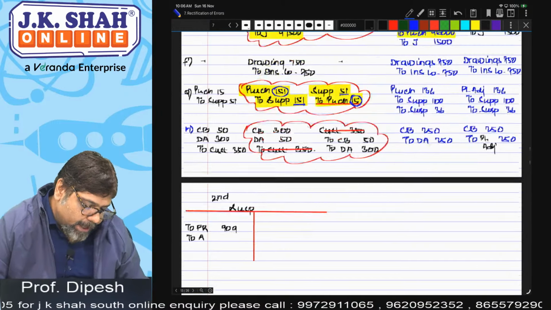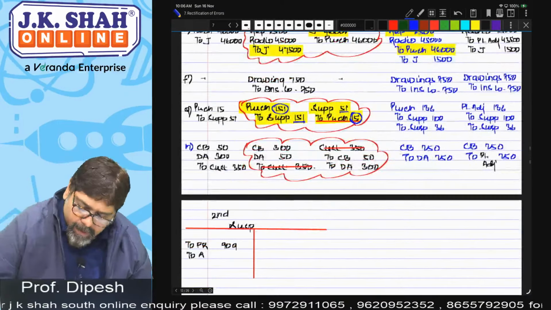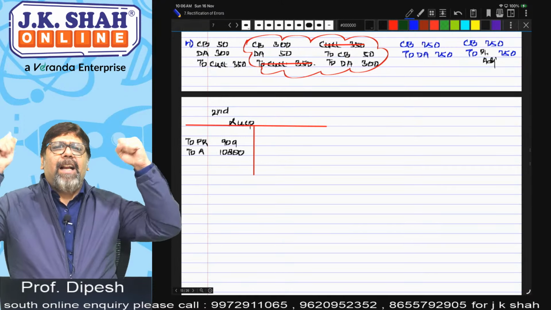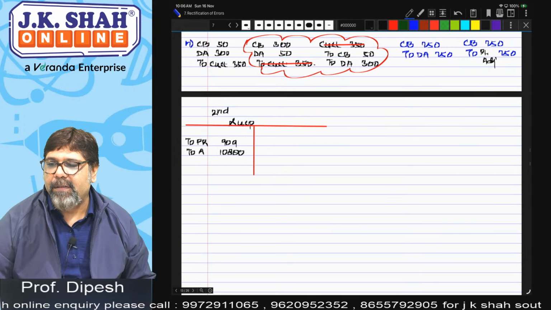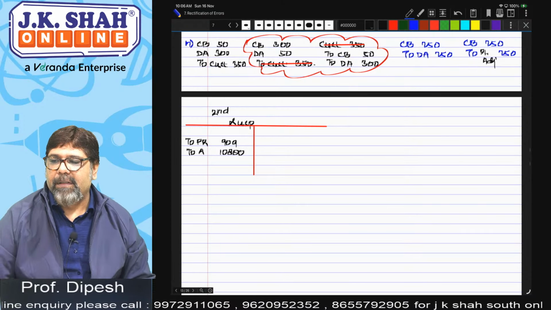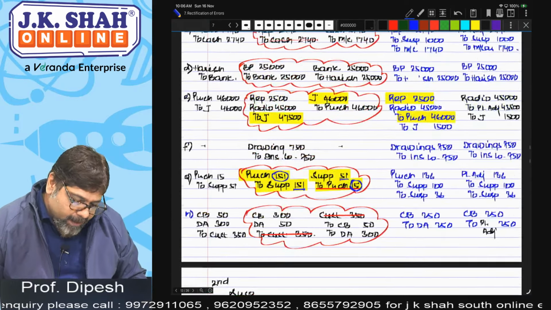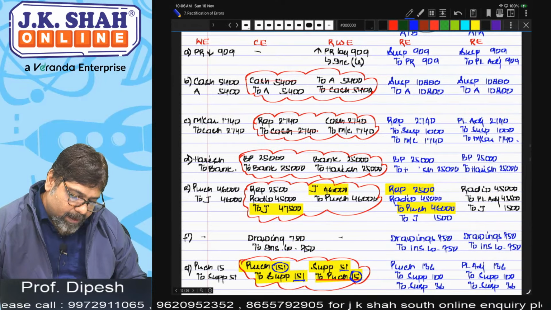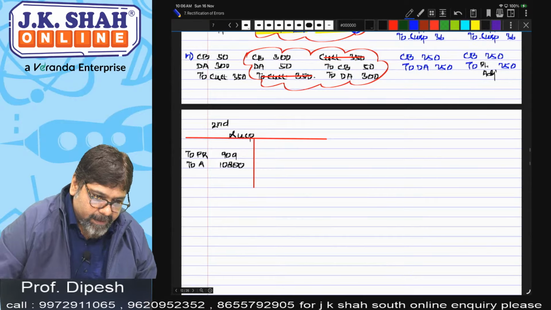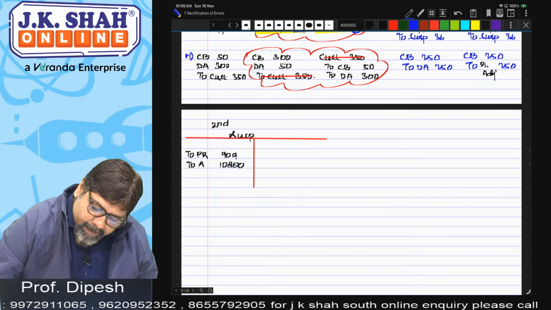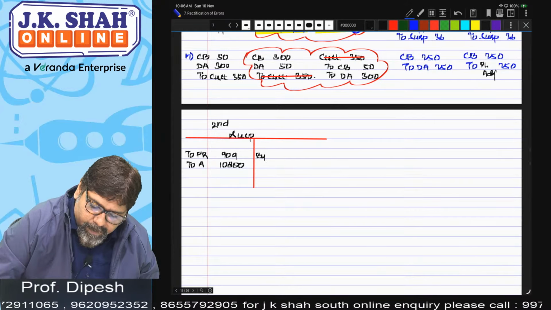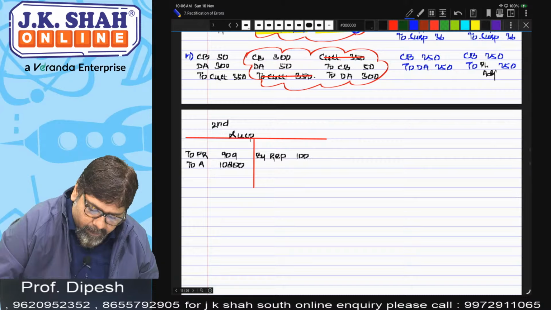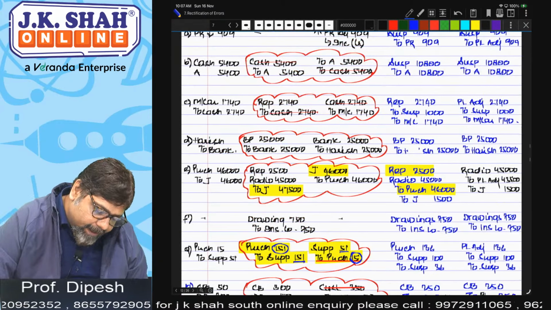Suspense to A 10,800. Correct, Sridhar. Then we'll adjust repair: suspense to motor car. So suspense is credited, by repairs or by motor car, 1000. Suspense is ultimately credited with 1000.